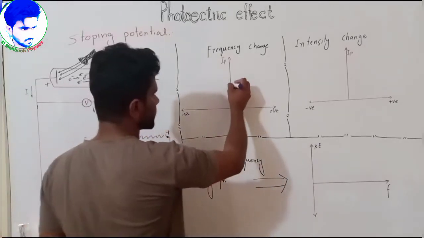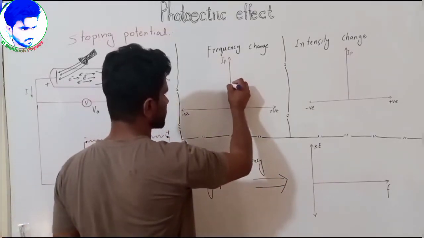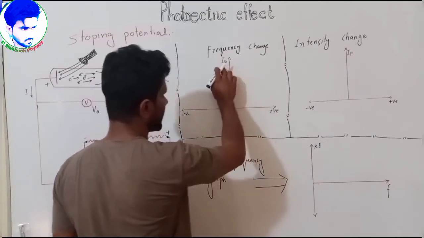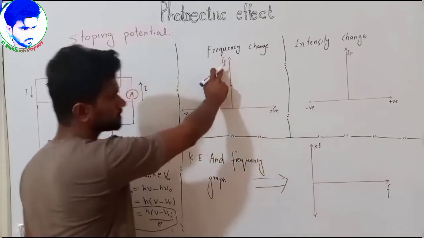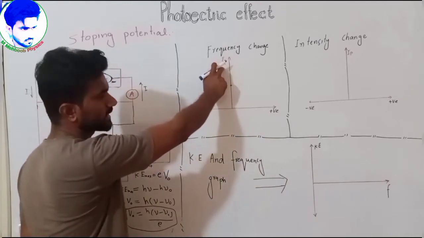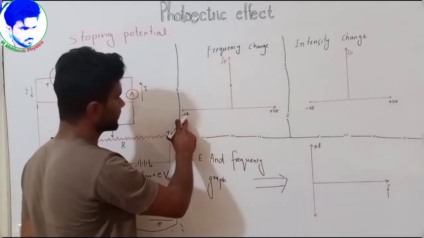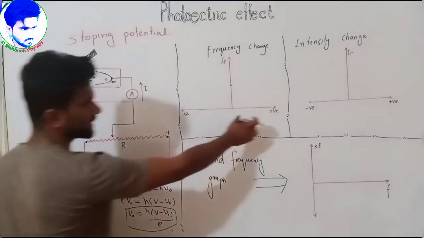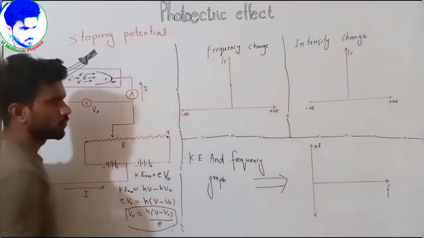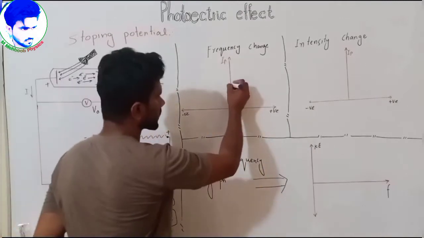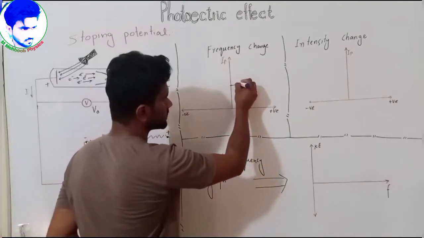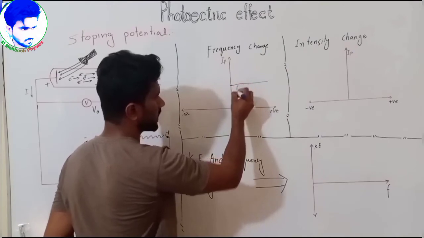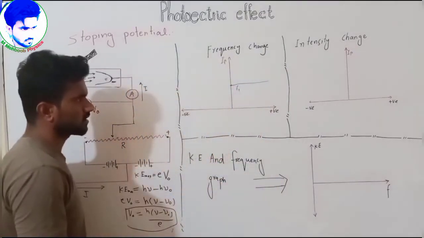Let's suppose that we have a blue light, then it gives us a graph, and on the y-axis there is the photoelectric current, and this is the negative value of the potential, and here is the positive value of the potential. So we saw that light of frequency f1 makes a graph.